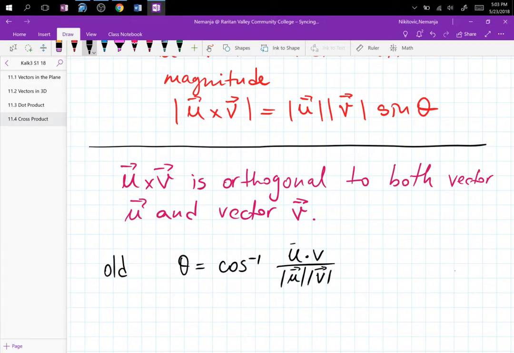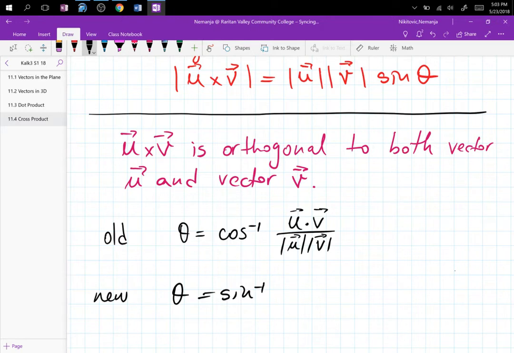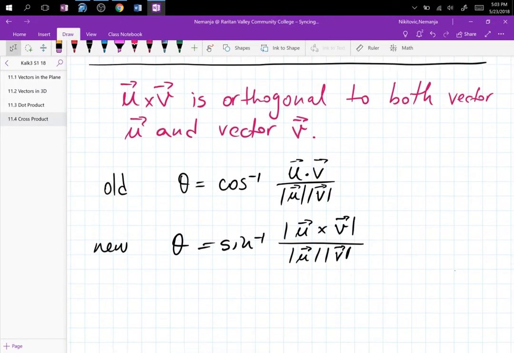These are all vectors, right? So that's old. Now, the new method to find theta is inverse sine. And that inverse sine is going to be the magnitude of the cross product divided by the product of the individual magnitudes. So now you have two formulas.